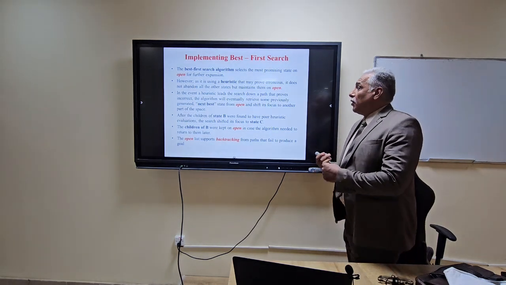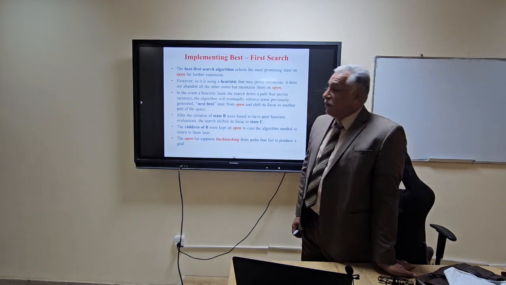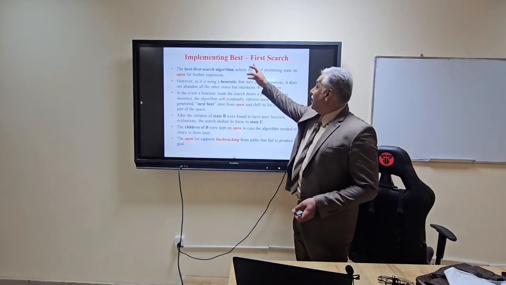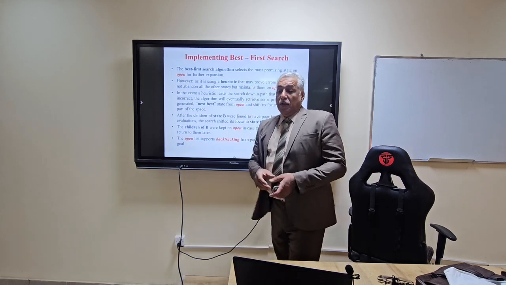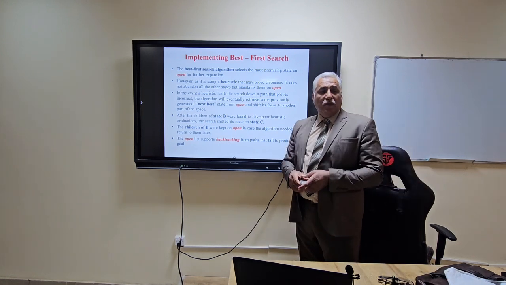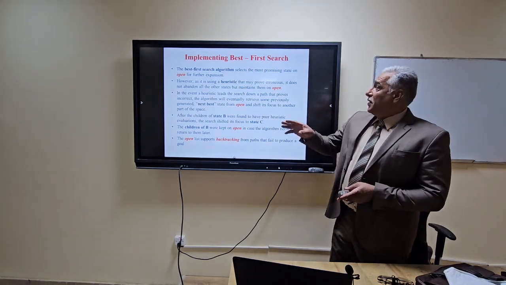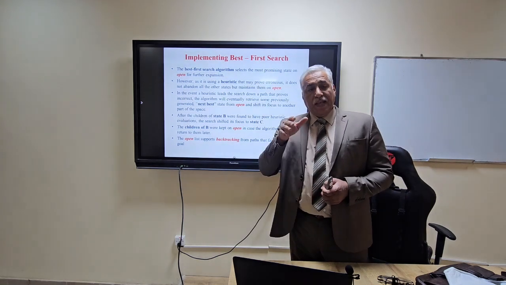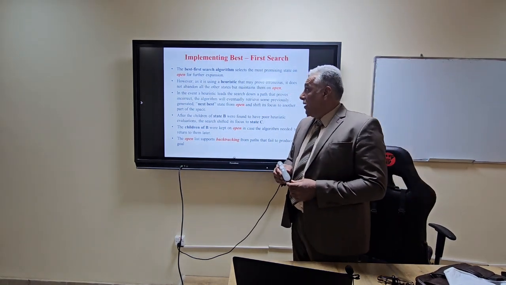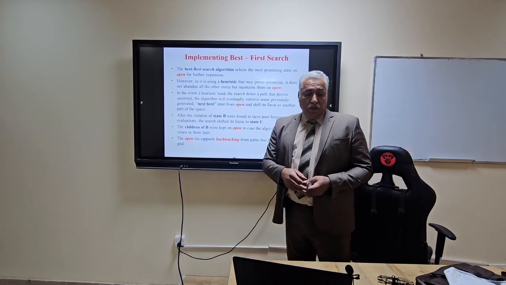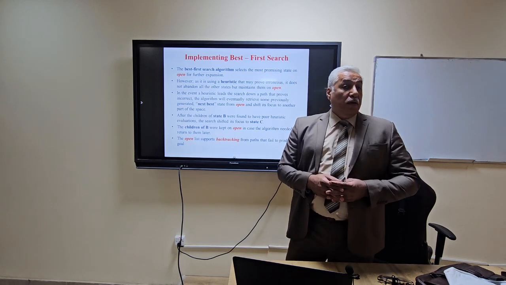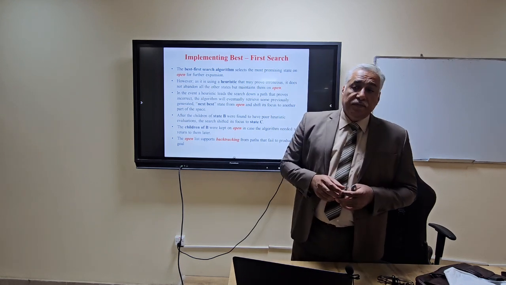The best-first search algorithm selects the most promising states on the open list for further expansion. As we remember, in best-first search we focus on two sets used in solving the algorithm for the depth or breadth search strategy, where open contains the nodes we visited but have not explored until now.